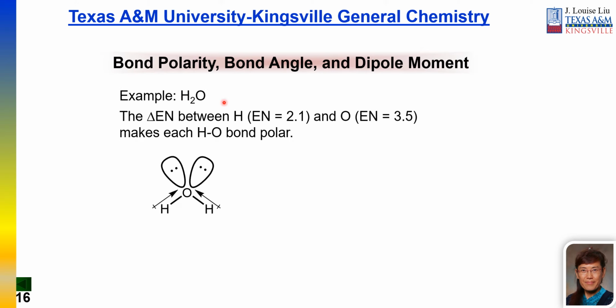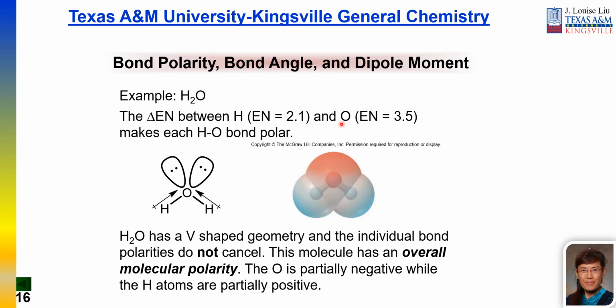The second molecule is your water, H2O. Hydrogen and oxygen have different electronegativity. Therefore, the hydrogen-oxygen bond is a polar bond. A couple minutes ago, we mentioned that your oxygen has two lone pairs. Therefore, your water molecule forms a bent structure. Water molecule, you can say it is bent or V-shaped, letter V, V-shaped geometry. So the individual bond polarities cannot be cancelled out.